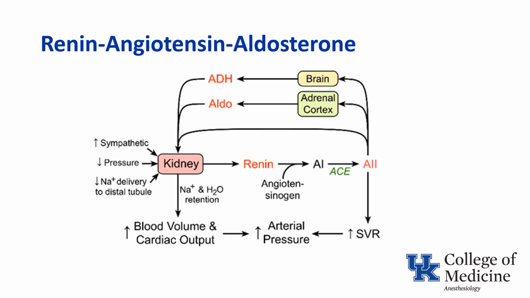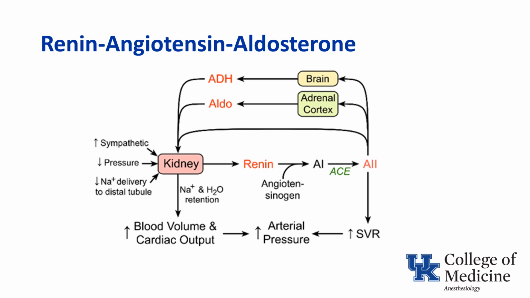Here is the renin-angiotensin-aldosterone system in schematic form. On the left, you see an increase in sympathetic tone, decrease in blood pressure, or a decrease in sodium delivery to that distal convoluted tubule will lead the kidney to release renin, which then converts angiotensinogen to angiotensin 1, which is then converted in the lungs by ACE to angiotensin 2, which is a primary modulator of the renin-angiotensin-aldosterone system.